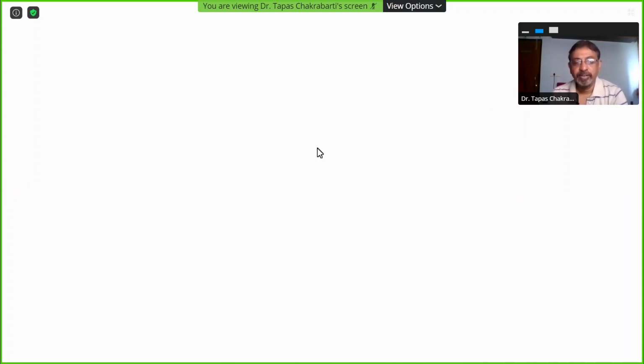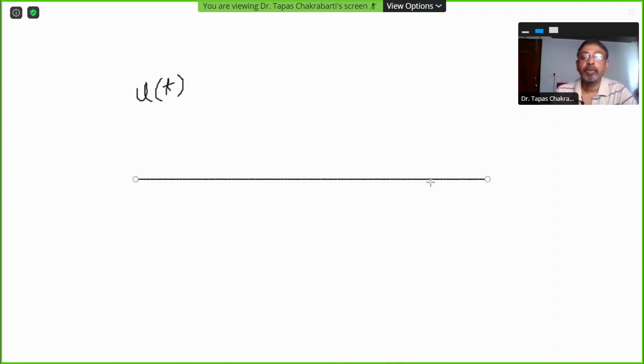Let us discuss the next one, the unit step function. We write this as u(t). So this is your axis.